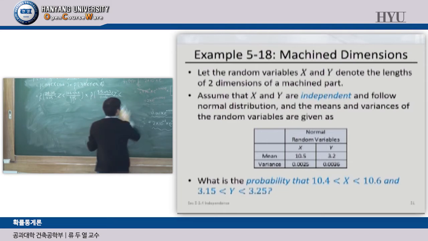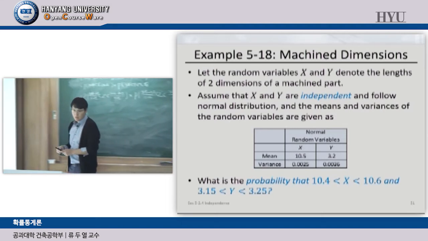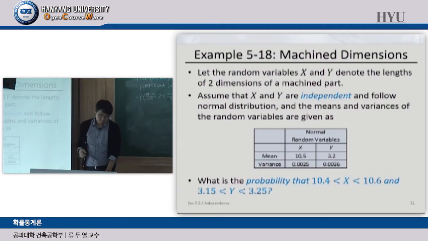And also 3.25 minus 3.2 over 0.06. And this is about the standard normal random variable, because the random variables follow the normal distribution.